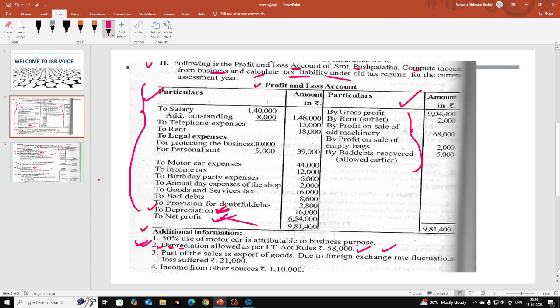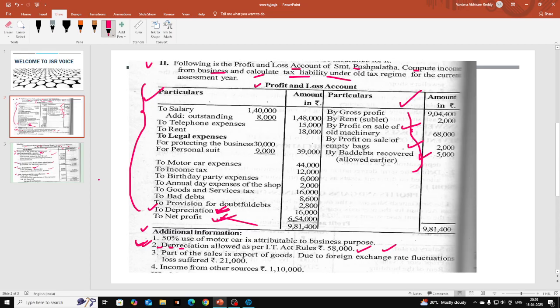Okay, so profit on sale of old machinery, that is actually capital gain. If we sell any asset and get any profit, that is capital gain; we should not show it here, so record it under the second head, that is incomes to be shown under other heads. Profit on sale of empty bags is related to business only; some empty bags were sold.